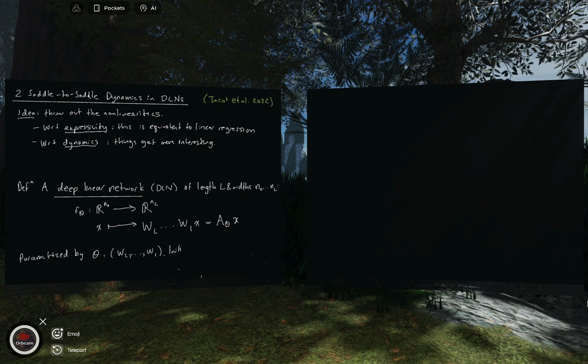We're going to initialize the components from a Gaussian, according to some Gaussian. Now, to make things easier for us, we're going to restrict our attention to a special kind of deep linear network known as a rectangular network.